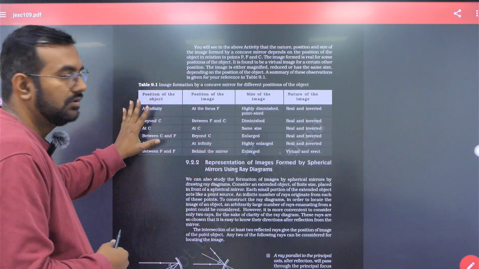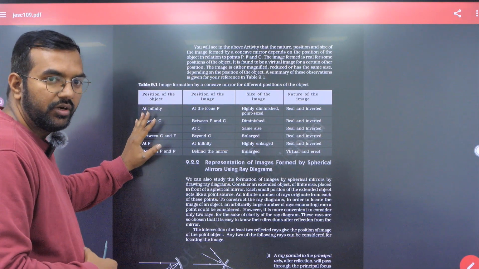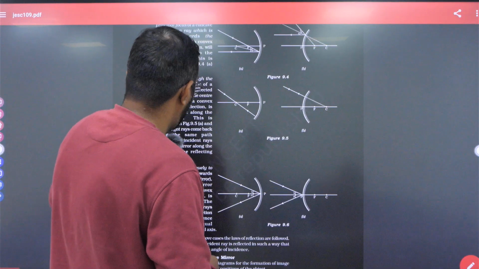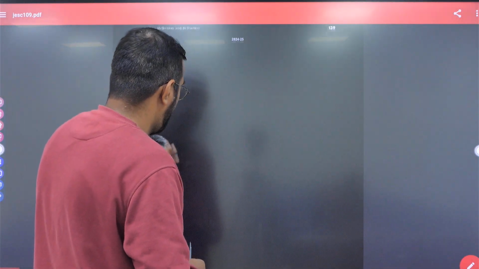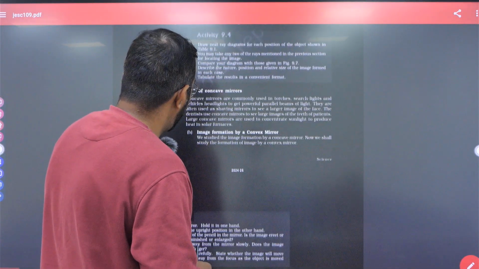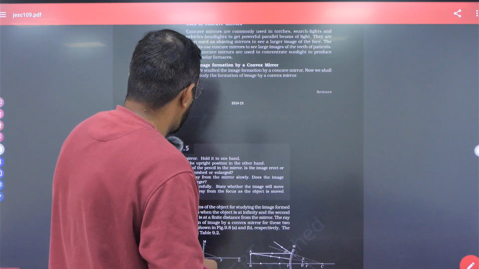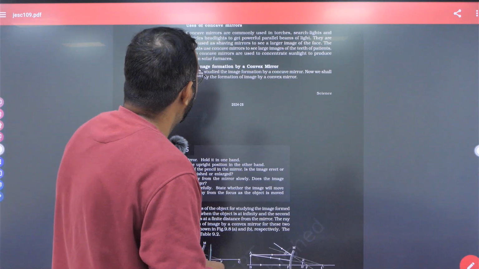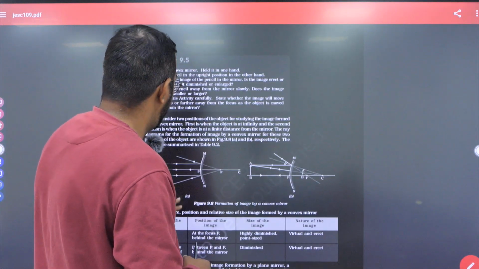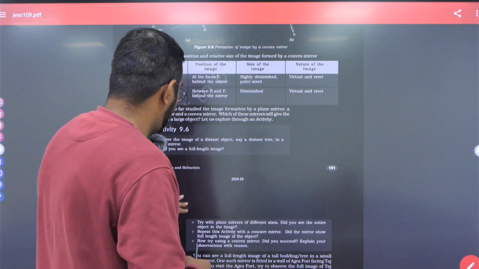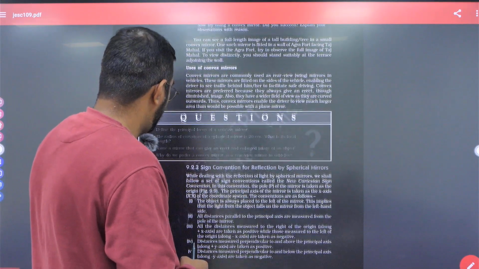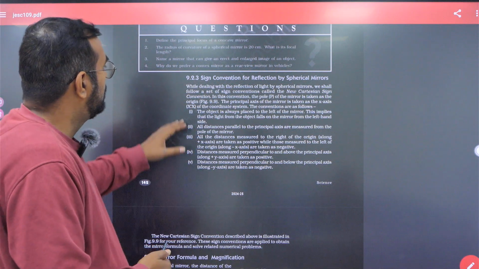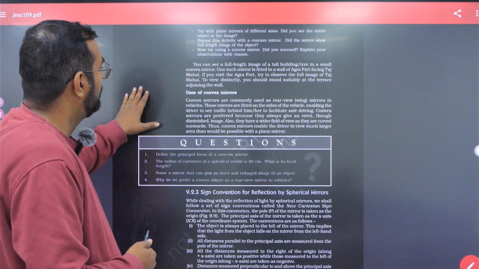Do you remember this? Because actually this one is important. So beta, first it is about the mirror.